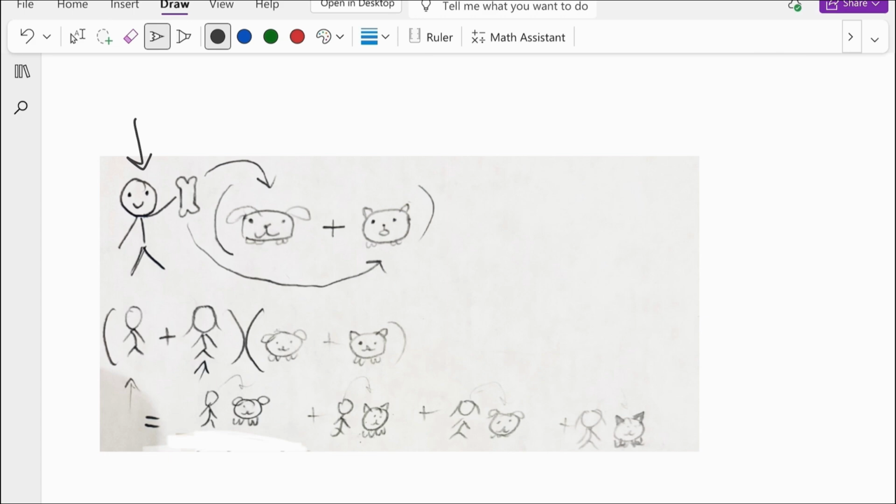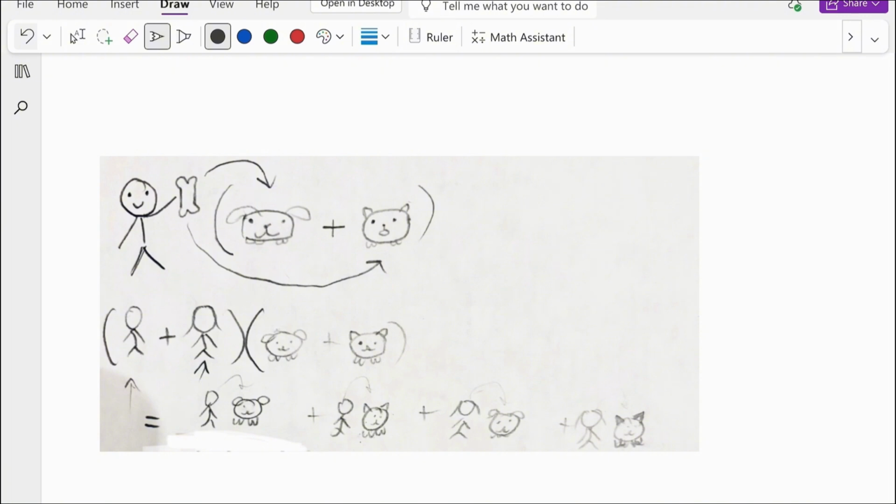So this is basically kind of like a metaphor for multiplying two things together. He's going to first give it to the dog, then he's going to give it to the cat after. Now, things get a bit more complicated when we add another person, another candy giver.